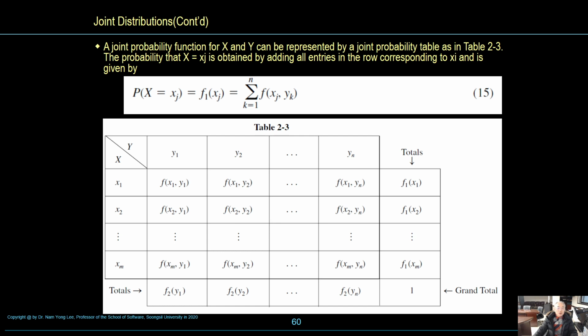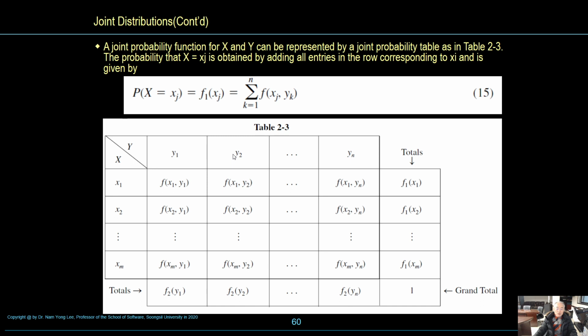The joint probability function for X and Y can be represented by a joint probability table, as shown in table 2-3.